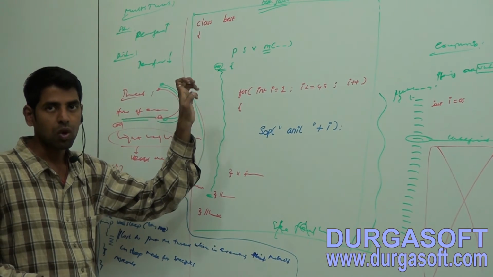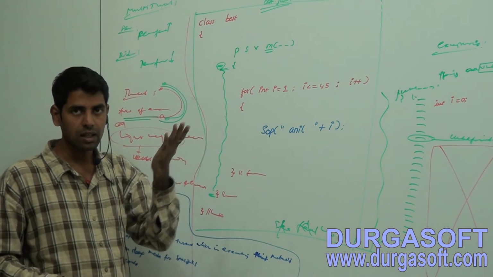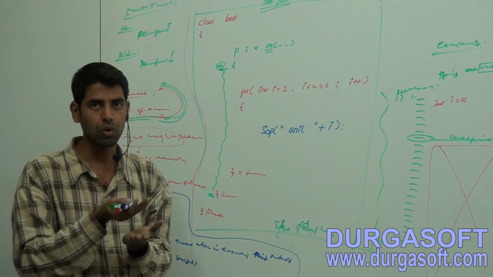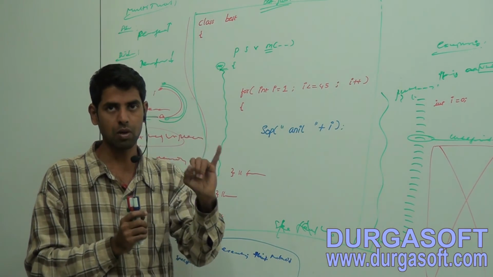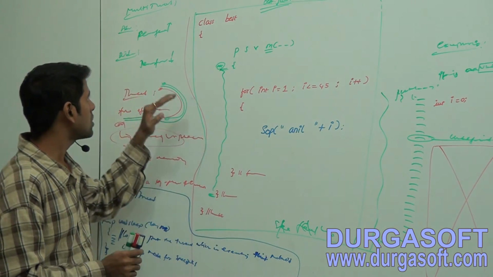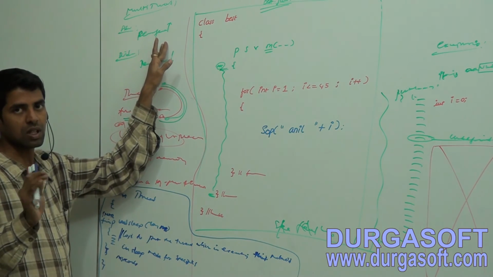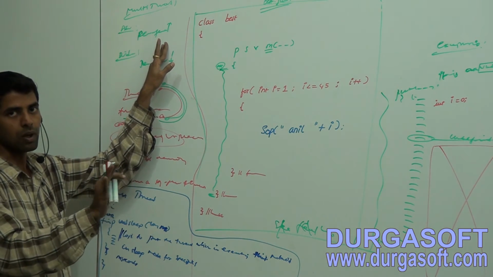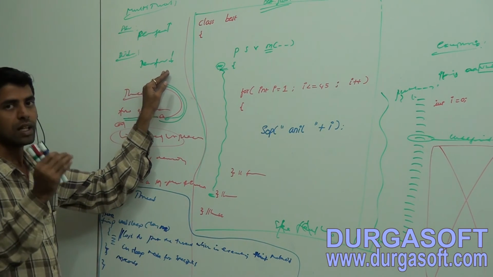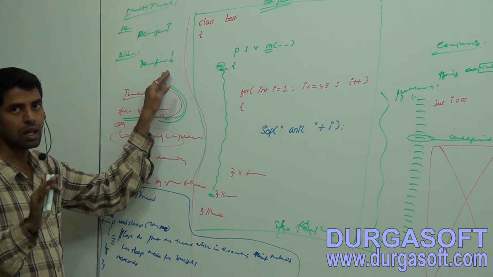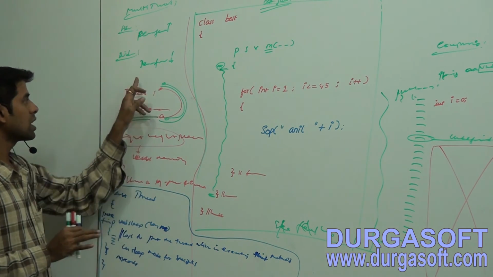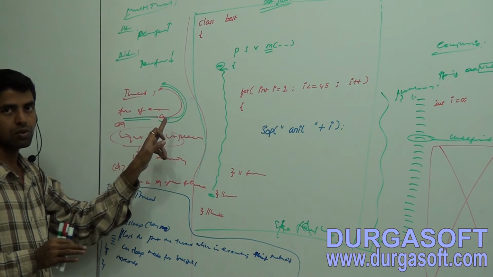multi-threading performance, that is, how multi-threads are going to improve our application performance. Number 1, what are the advantages? Simple, it improves the performance of our application. The disadvantage is that it can decrease performance. And what is a thread? It's a flow of execution.